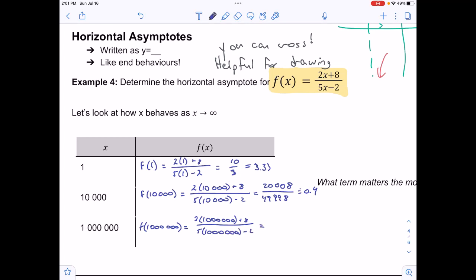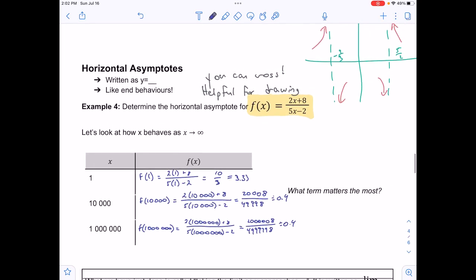Well, that's going to be 2,000,008 divided by 4,999,998. There's another 9 in the middle there. You do this division, it's actually also about 0.4.